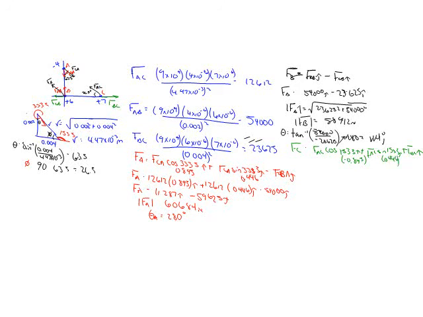And then FC, our FA on C, this again, 12612 times 0.895, plus this again, 12612 times 0.446. Plus our BC now is 23625 i-hat. This is an i-hat, and that's a j-hat.